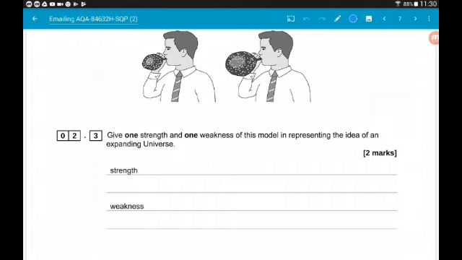In reality, the universe is packed full of galaxies. They are not just around the surface of the universe, if you like. They are completely throughout the universe. So for this model to be even better, we would somehow want dots on the inside of the balloon as well. But obviously, we can't really do that.